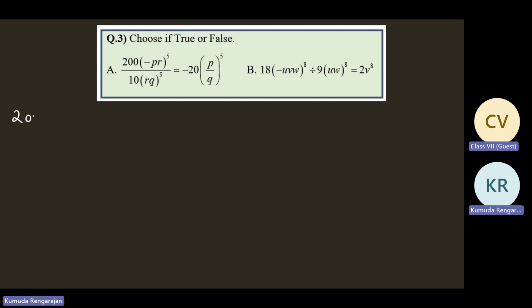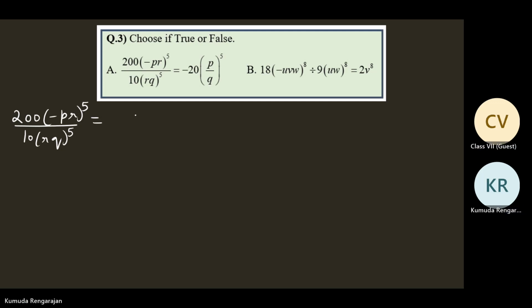Now see here, we have 200. This is what is given to us. First, what do you do to simplify?